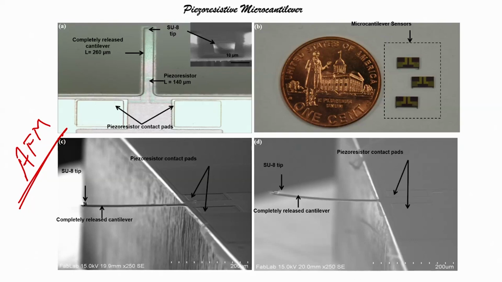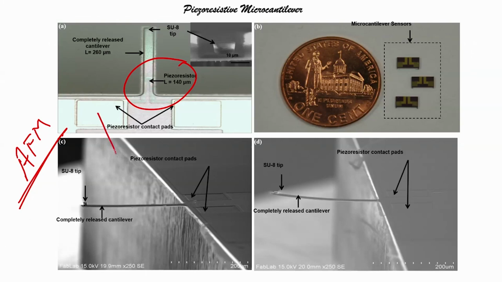If the cantilever is integrated with a piezoresistor, as you can see here, then whenever the cantilever bends, there will be strain in the cantilever, and this strain will cause a change in the piezoresistive material. So, the piezoresistivity would change depending on how much force we are applying to the cantilever, and we can measure this by the change in resistance.